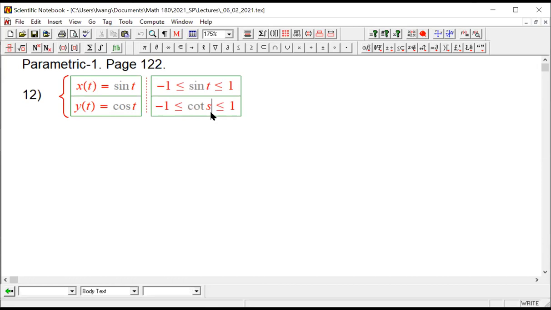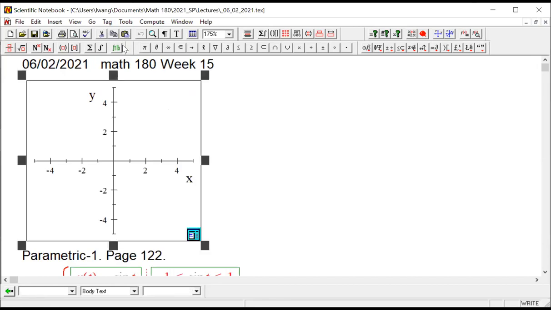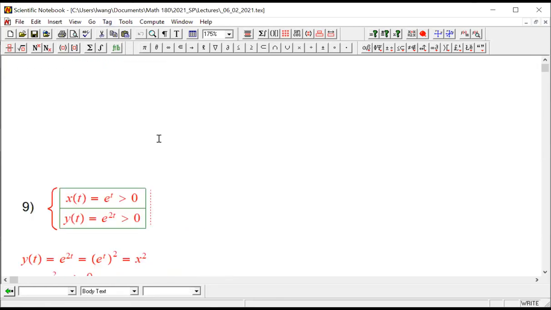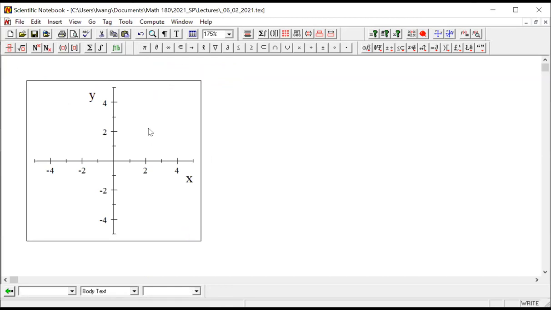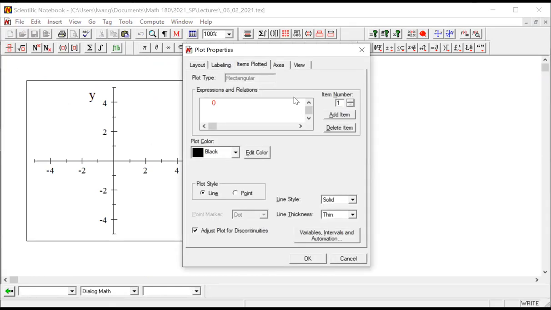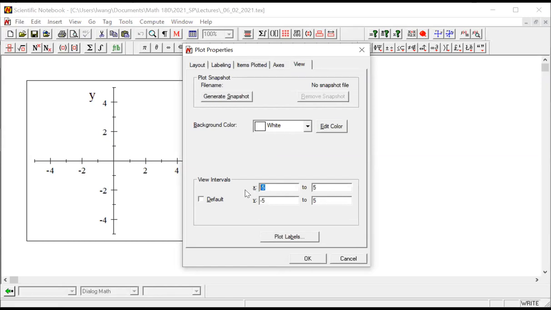So when we set up our rectangular system, we know that the x value will always be between -1 and 1. Y value is always between -1 and 1. So when we set up this system, in terms of view, you're just going to choose between -1 and 1 and -1 and 1.